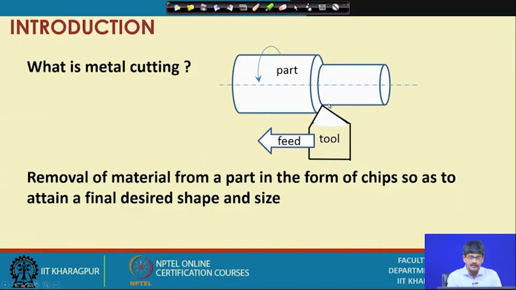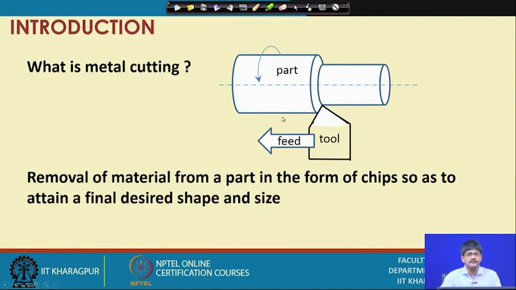Naturally, this particular exercise is carried out always on a part where there is excess material. But why would we do that? We are doing that because there might be intricate geometries present on the surface of the part which cannot be attained by other means.